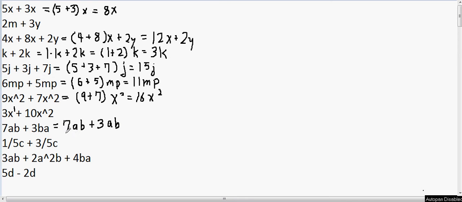Now if we compare the variable part, ab and ab are the same, so we can go ahead and combine the numerical part, 7 plus 3, and multiply that by ab. This gives us 10ab.